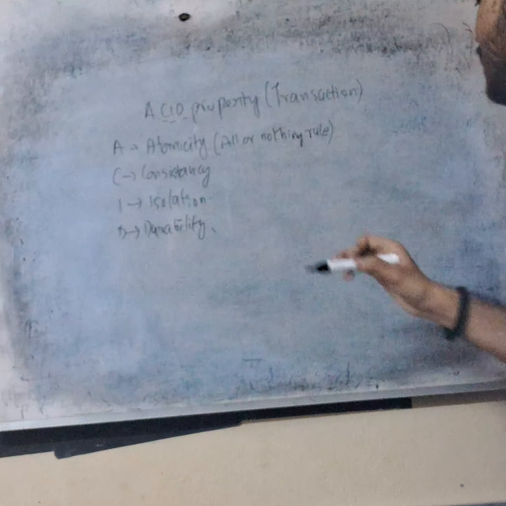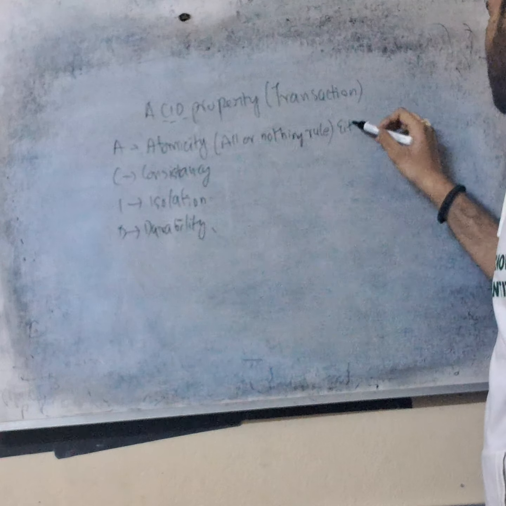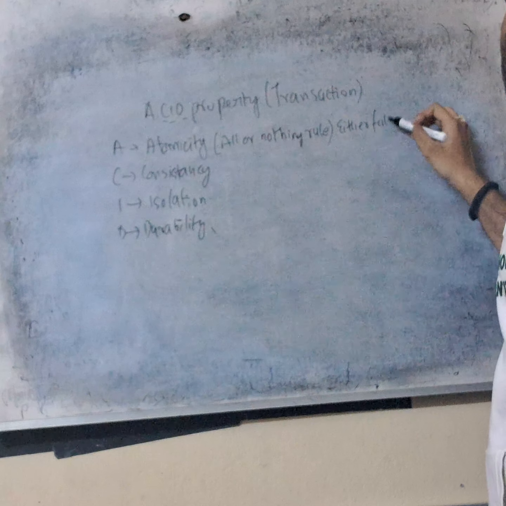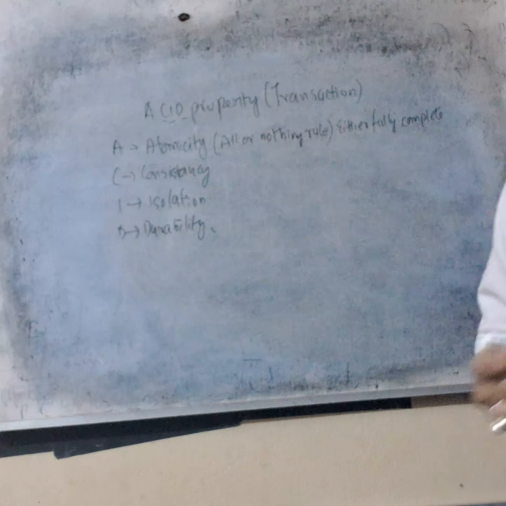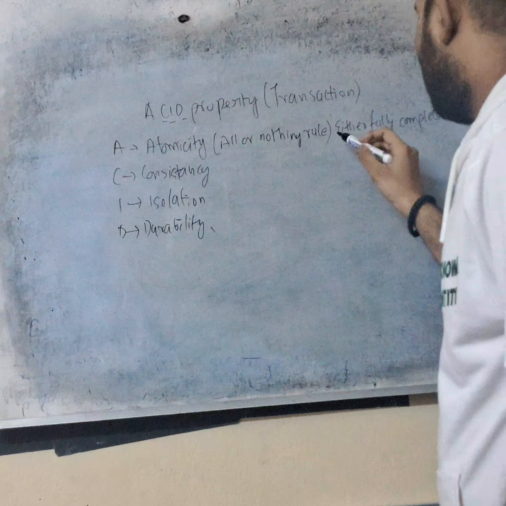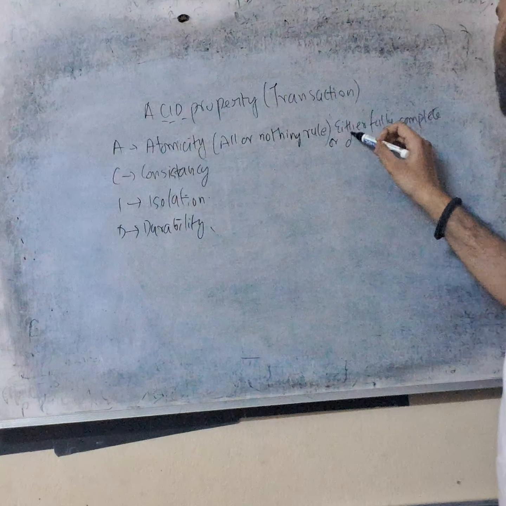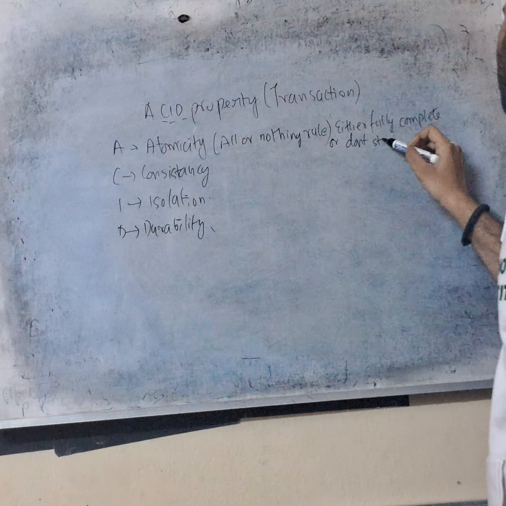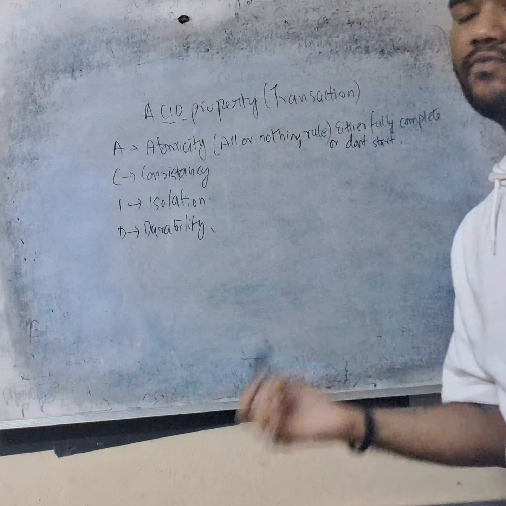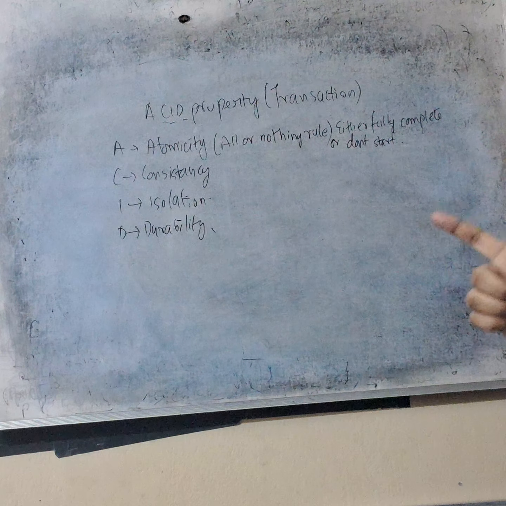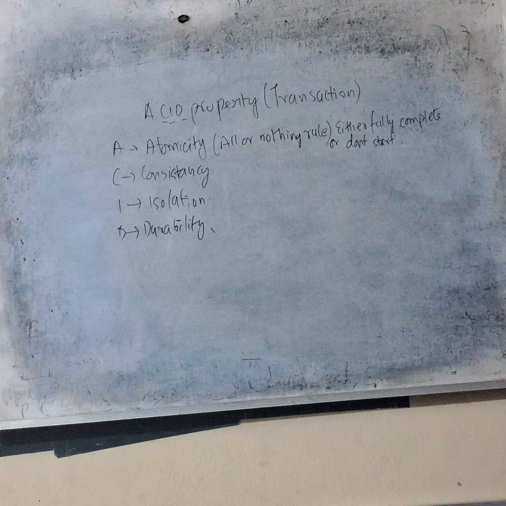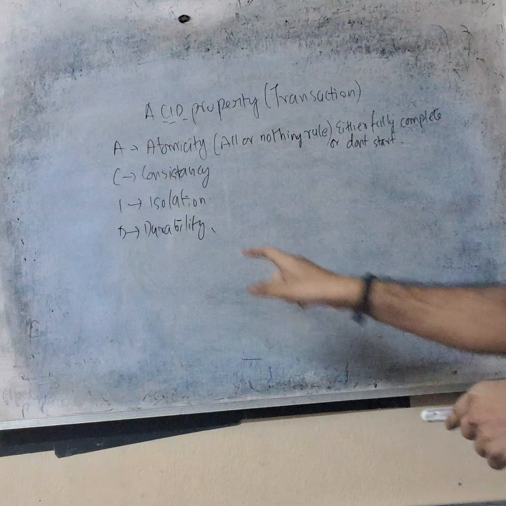So I will write like this: either fully complete or don't start. This property is ensured by the transaction manager. If a transaction has started, then it will be completed fully, or it will not start at all. There is nothing in between. So this is atomicity.